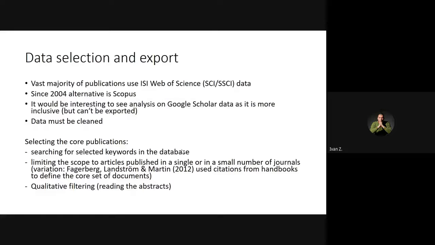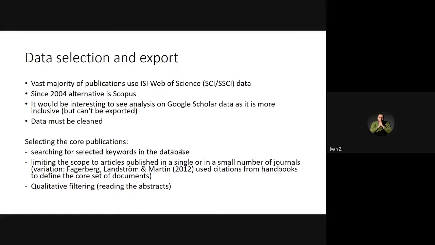And one thing that's also very important is how you search for the publications, right? And you have basically three major options. One is you search for selected keywords. You can limit your scope to certain journals, right? So for example, you're interested in a topic in entrepreneurship, and you then only use the articles published in entrepreneurship journals.